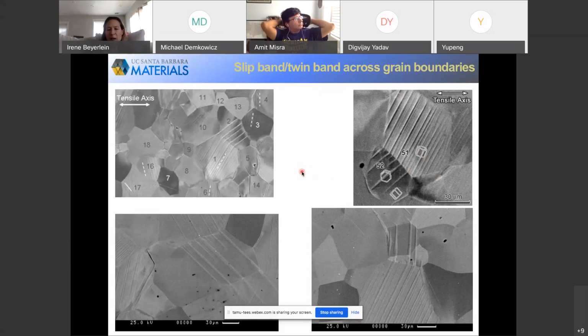I'm really glad that you mentioned this. I was actually going to ask you about it. Just a couple of quick questions. One is, if you look at that upper left figure and you look at grain 2, which is the one with the twins, is there any particular reason why the twins seem to be so regularly spaced there?